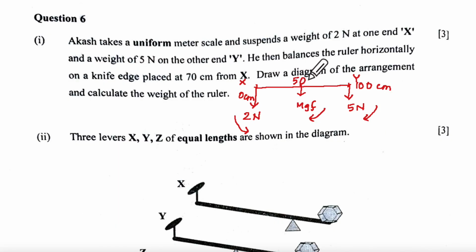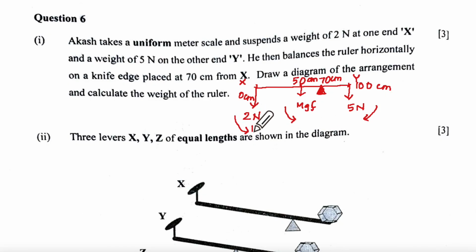Now this center of gravity from where the weight is acting vertically downwards will be 50 centimeter mark and the knife edge is going to be here, which is 70 centimeter mark. If this is 70 centimeter mark, then this moment is going to be this way.